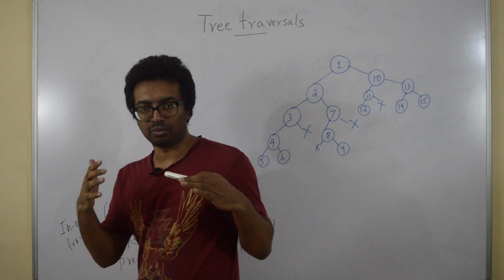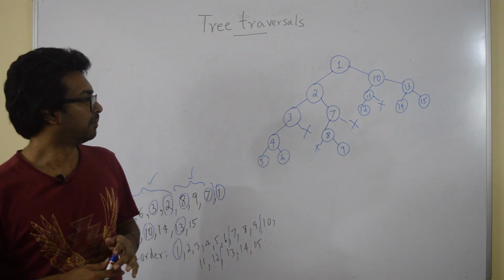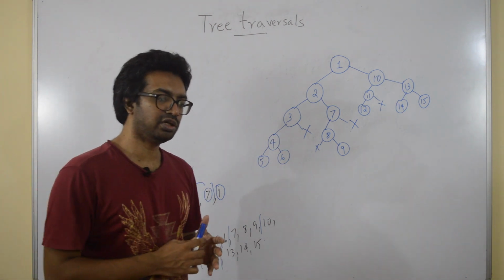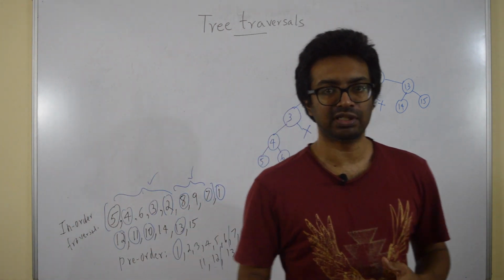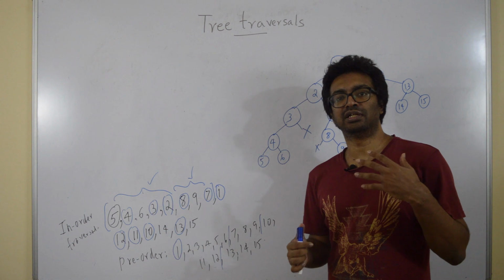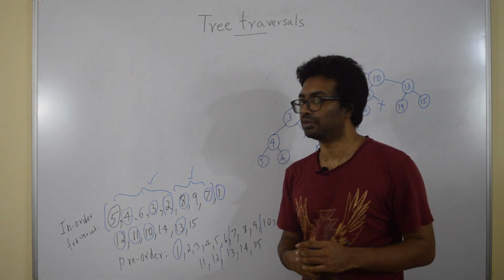So what we have just now constructed is, from an in-order traversal and a pre-order traversal, we have constructed the tree back. So here is a claim.